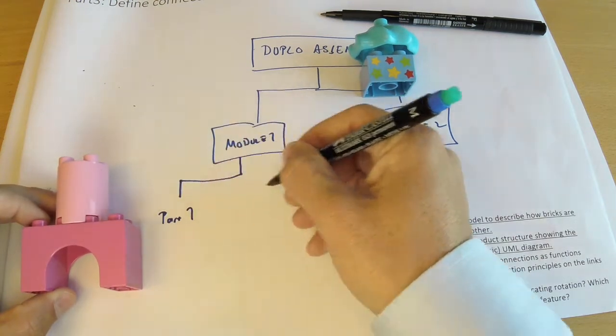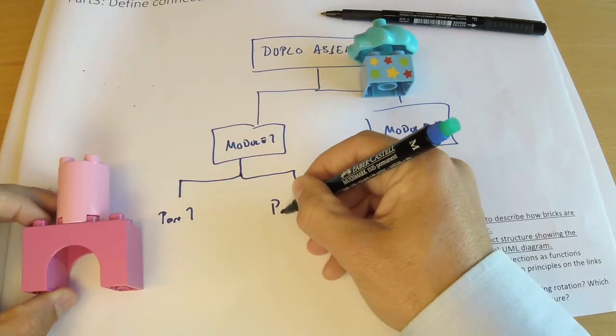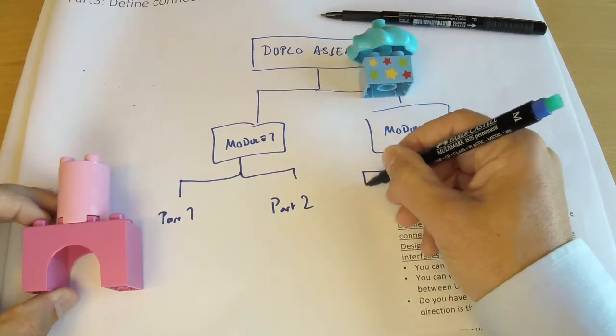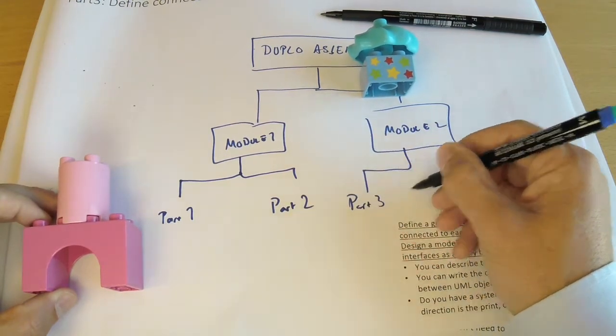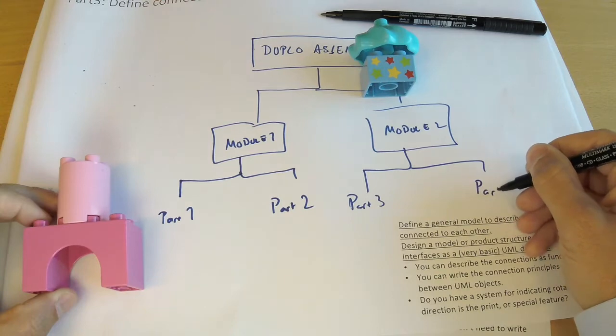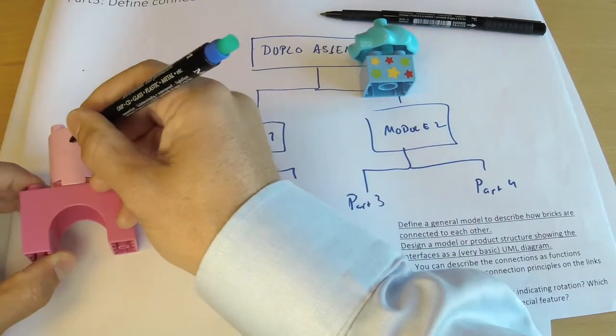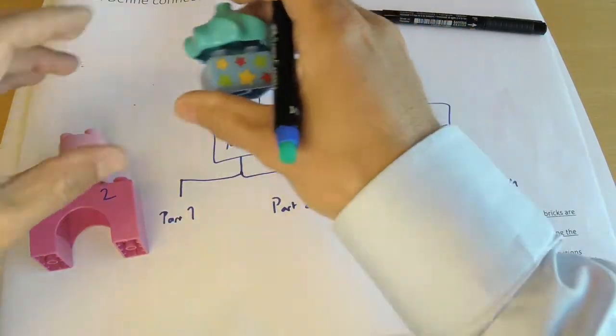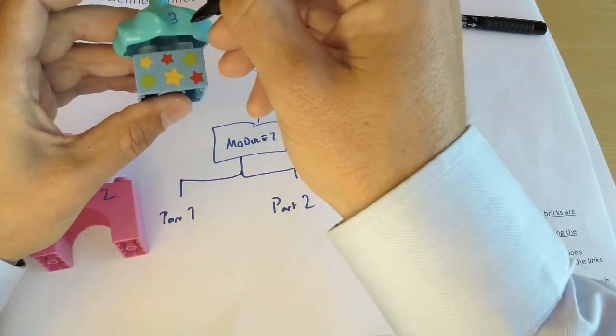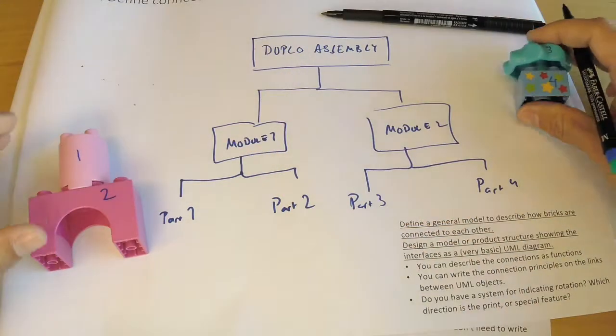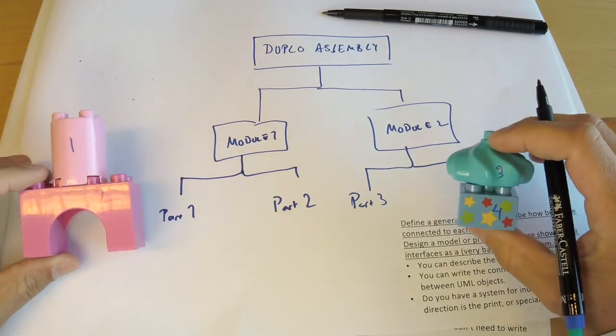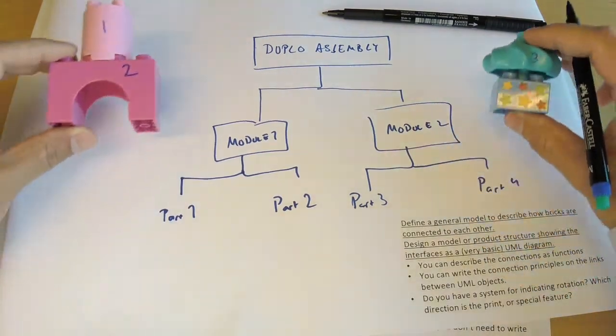part 1, part 2, part 3, part 4. That's just 1, 2, now I ruin everything, 3, 4. Just to make it simple, because I gave them a super complex name, right?